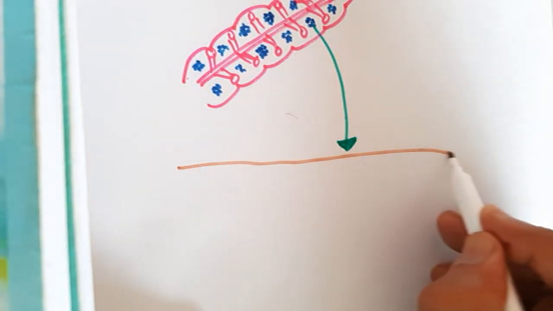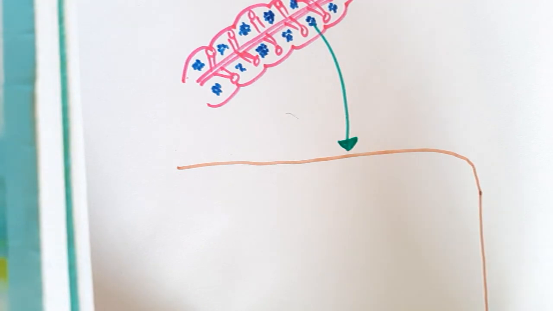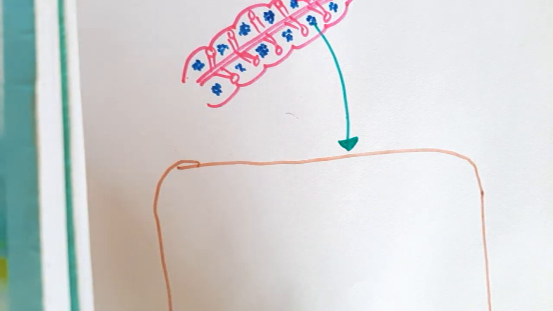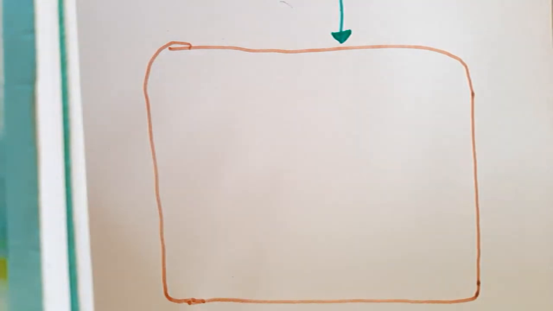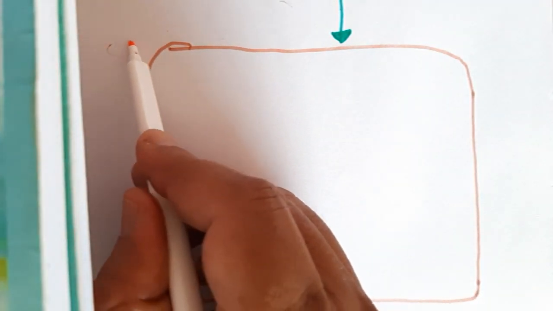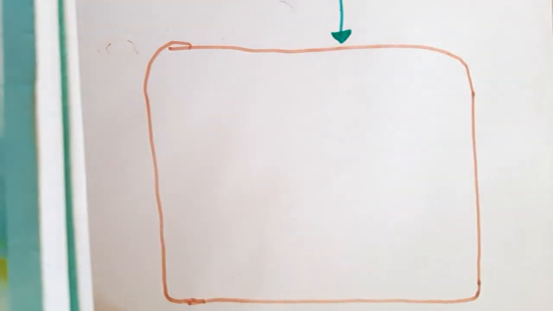I'll draw one beta cell structure so that we can study how this hormone is secreted in the circulation. We have the circulation, or you can say blood vessels, surrounding this.